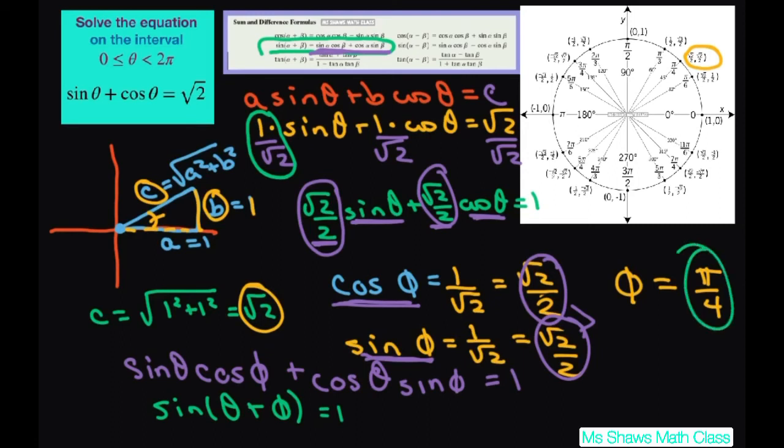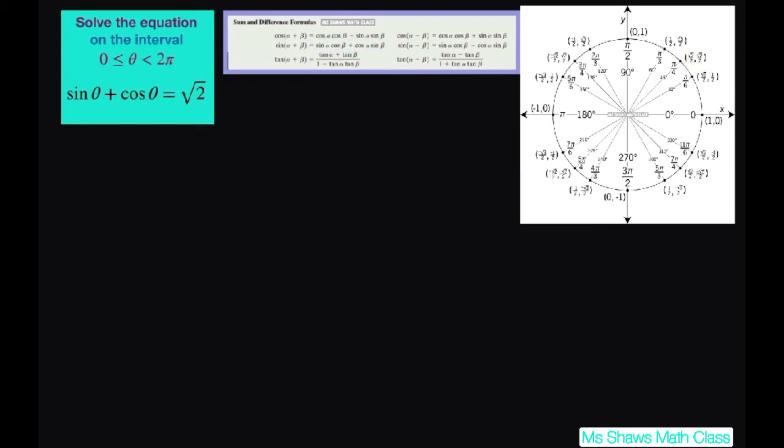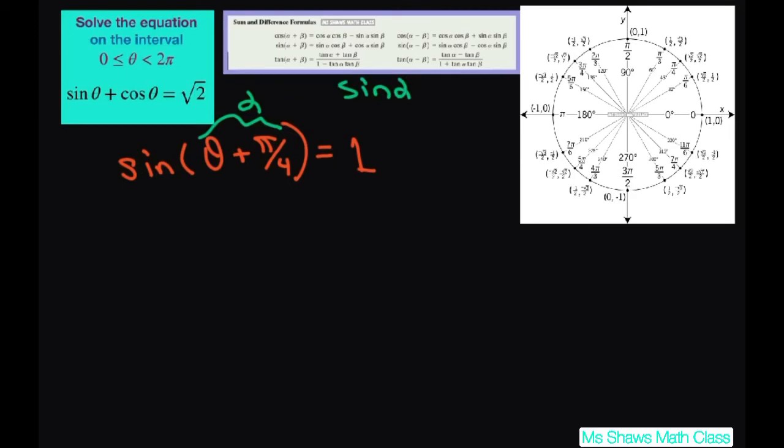But your phi is pi divided by 4. So what we really have is sine of theta plus pi divided by 4 equals 1. So now all we have to do is solve for theta. Now we're going to let this be alpha, so sine of alpha equals 1.